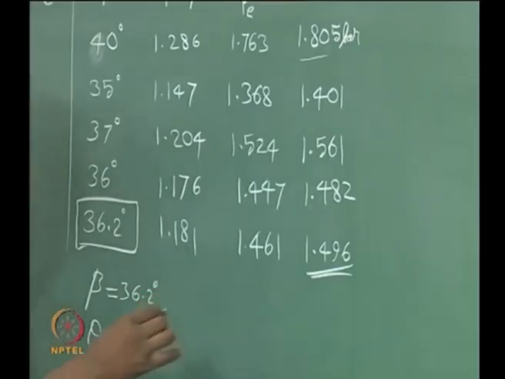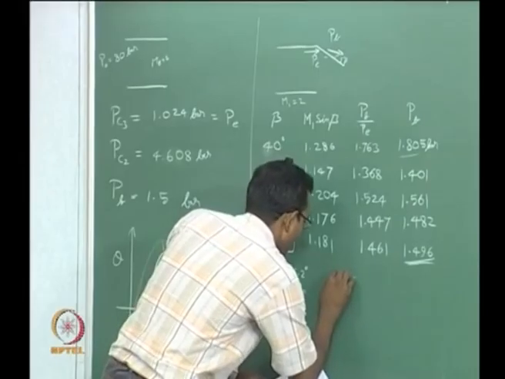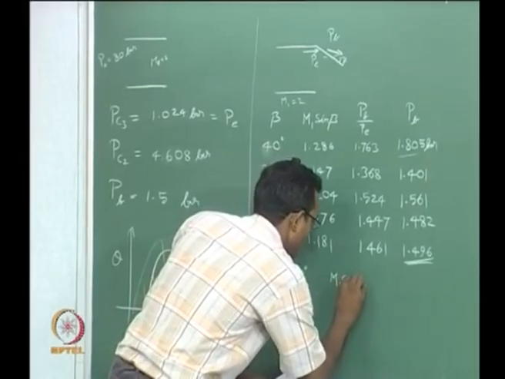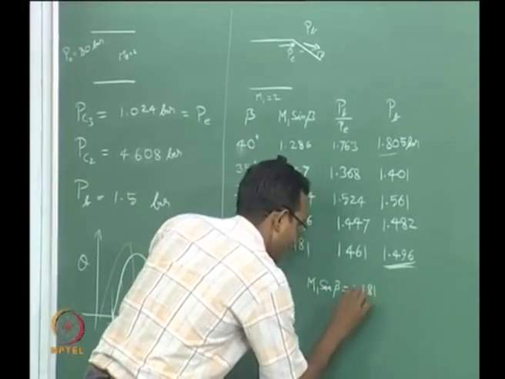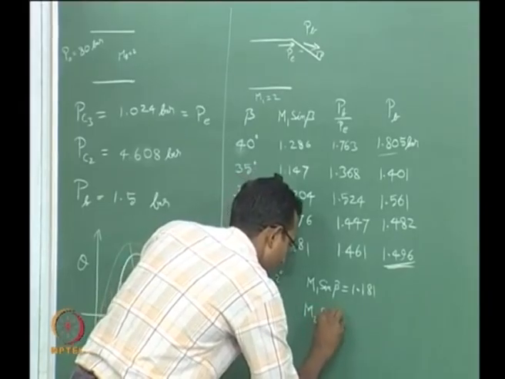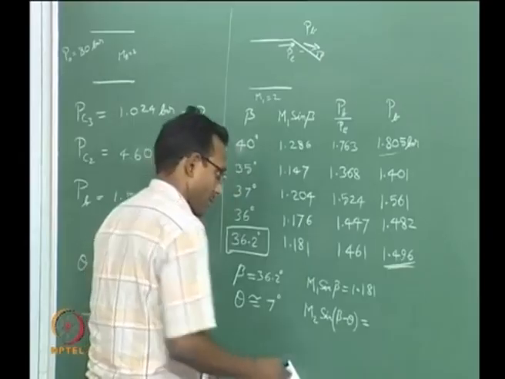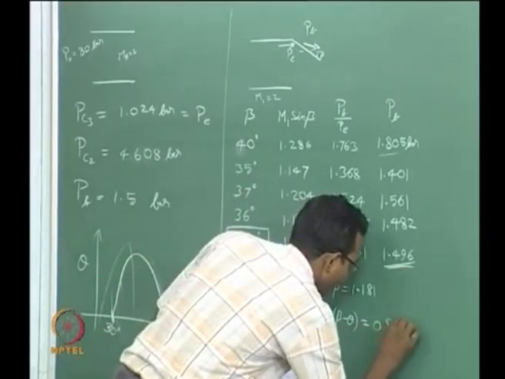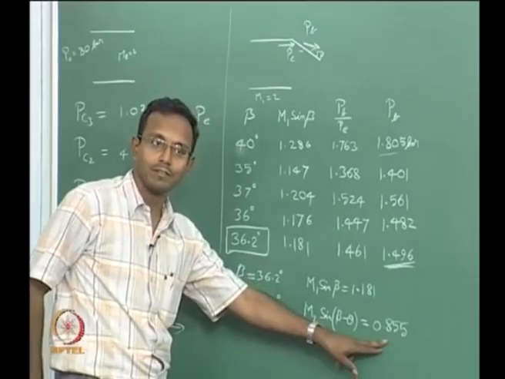So now I will go do this whole analysis. I will go through that full oblique shock calculation for beta equal to this value and M1 equal to 2. So my M1 sin beta is 1.181, M2 sin(beta minus theta) is 0.855. How did I get this number 0.855?